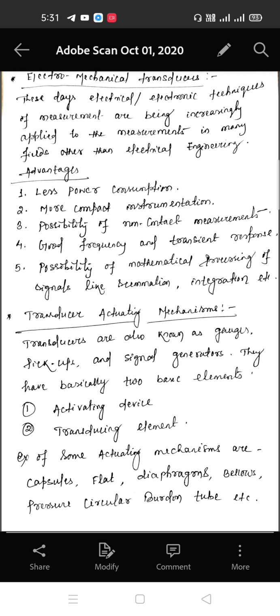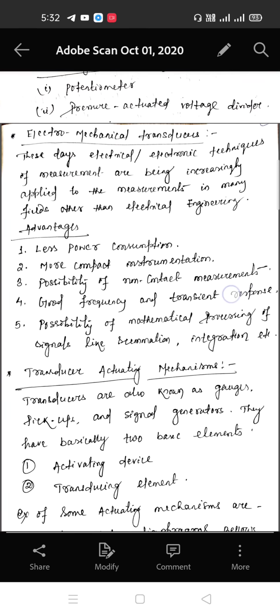Some examples of actuating mechanisms are capsules, diaphragms, flats, bellows, circular Bourdon tubes, etc. So this completes the transducer actuating mechanisms.